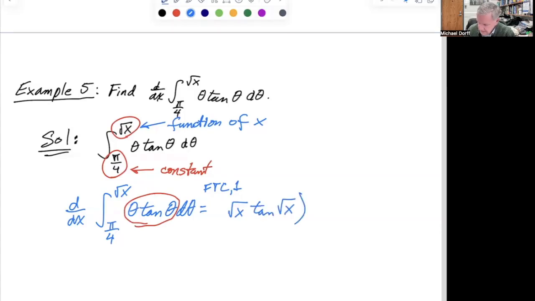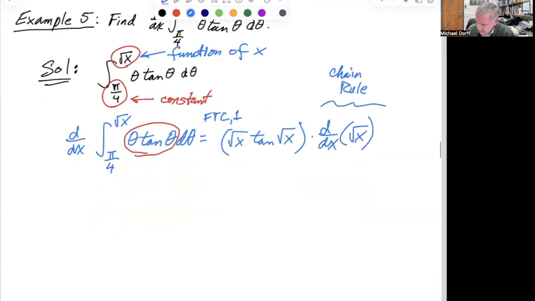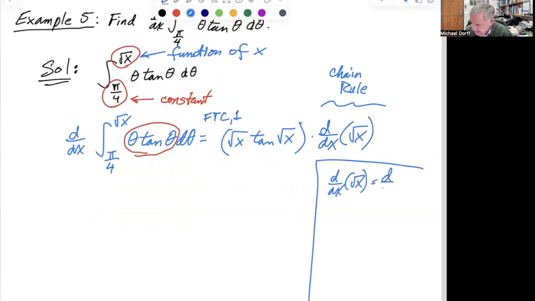And then I have to take the derivative of the square root of x by the chain rule. This is, again, the chain rule. Keeps coming back. Some of you have done it enough that you already know this, but let me detail it out.